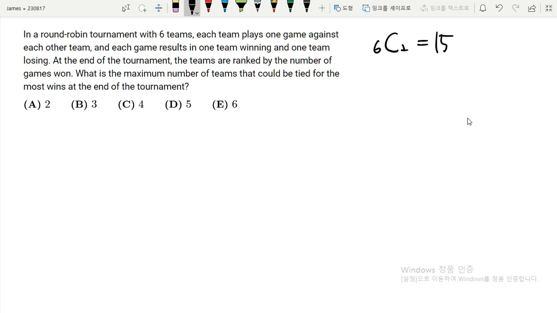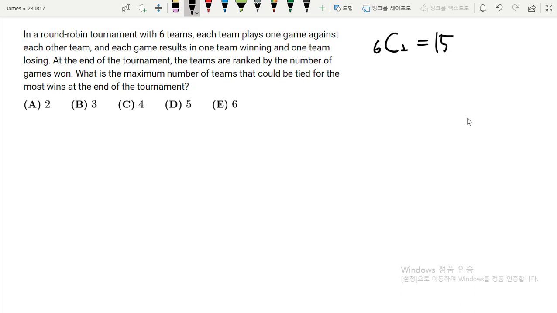And we want to find the maximum number of teams tied for the most wins. So because 15 is 5 times 3, the number of most wins is 3, and the number of teams sharing the 3 wins will be 5.